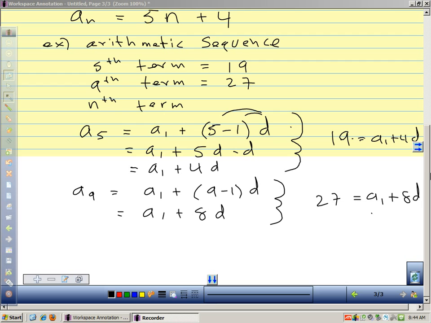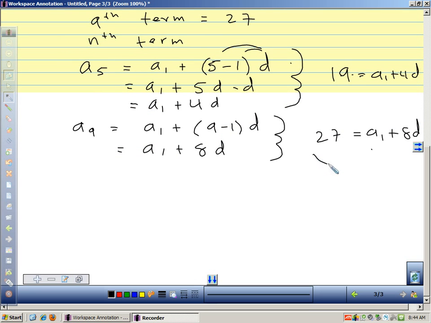Anybody see what we need to do here? We have two variables, a1 and d, and we have two equations. So we need to solve simultaneous equations.